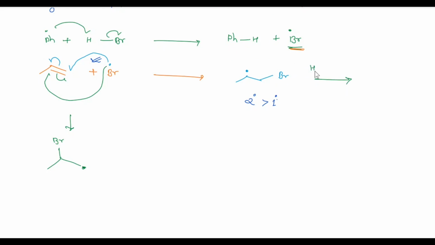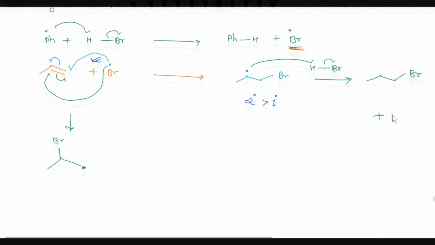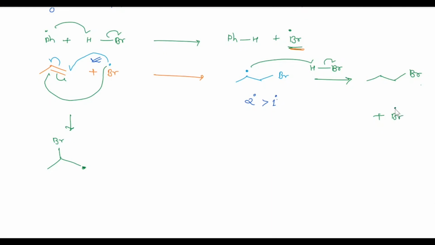In the next step, this radical abstracts a hydrogen radical from HBr and we get our desired alkyl bromide as a product plus a Br radical.